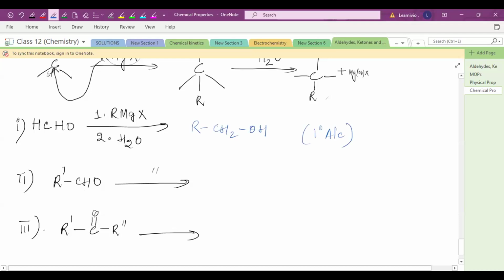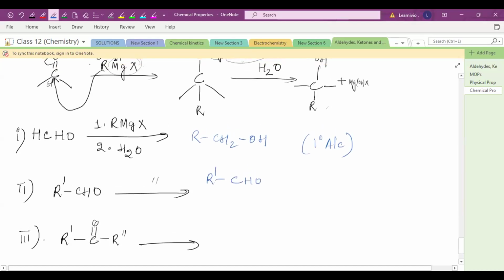In the second case, when it is R dash CHO, let's see the mechanism first. If we are treating with RMgX, it will have the partial negative and positive charges. It will have here R dash CH, here R, and here O minus MgX.